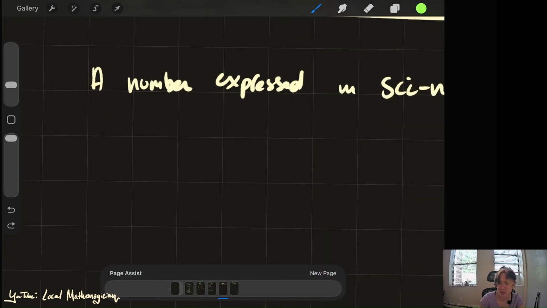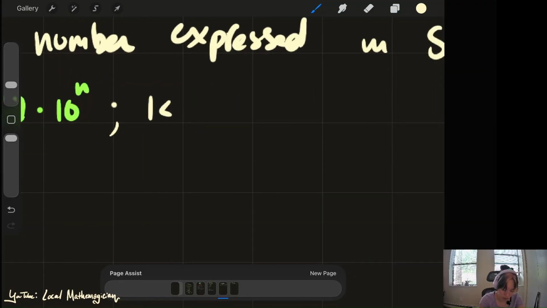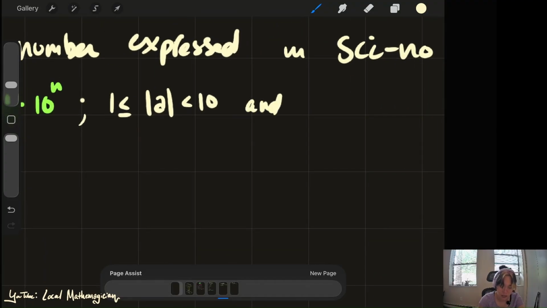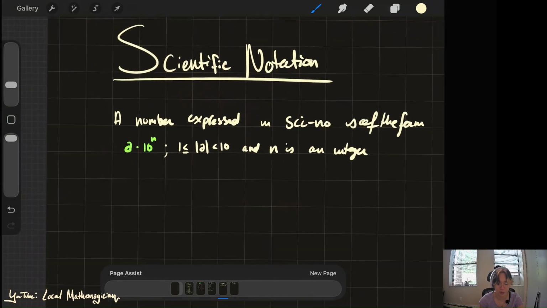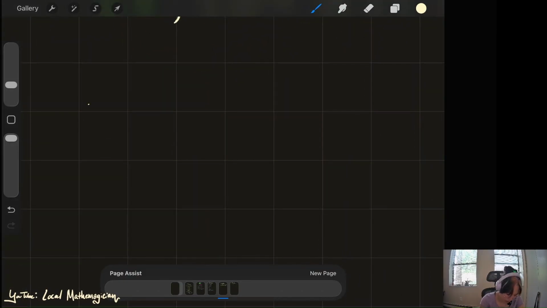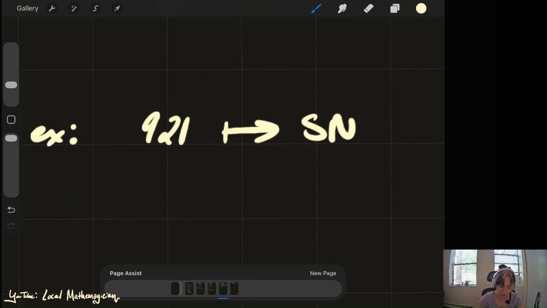Please don't use x's, okay? A times 10 to the n, where 1 is less than or equal to the absolute value of a, which is less than 10, and n is an integer. Okay?